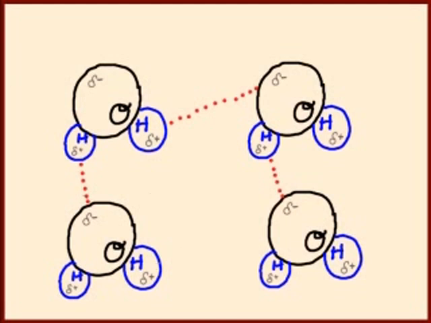And so whenever you have two polar molecules, and the different regions of those polar molecules are attracted to a different molecule or the polar region of another molecule, we call this type of bonding hydrogen bonding. So this is a hydrogen bond. Most of the time it's hydrogen. Almost all of the time it's hydrogen.